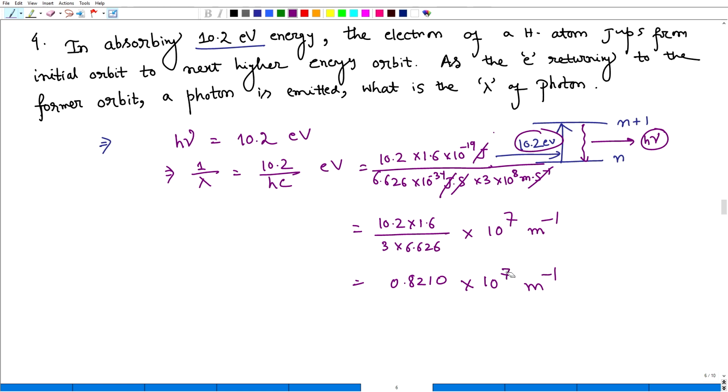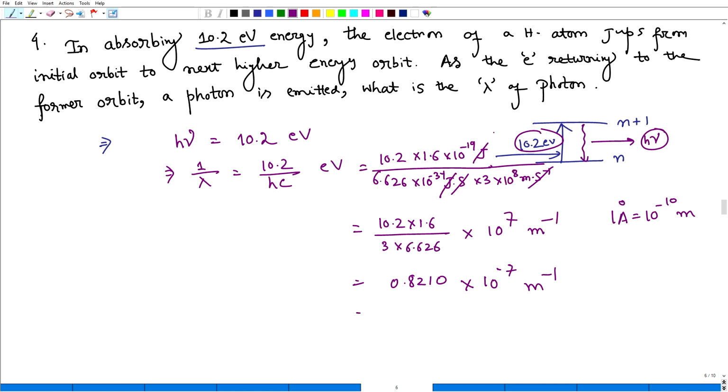If we consider it's 10 to the power 7 meter inverse, we can convert it into Angstrom. Okay, 1 Angstrom is 10 to the power minus 10 meter, right?